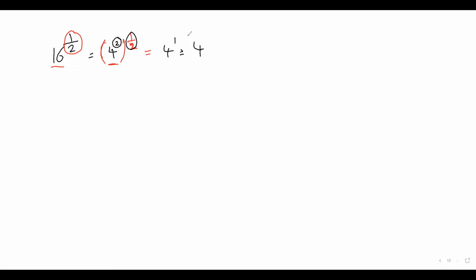You know that 16 is a square number, so the square root of 16 also gives us the number 4, right? So I'm going to write that. The conclusion you can make is that 16 raised to the power of half is the same as the square root of 16, right?